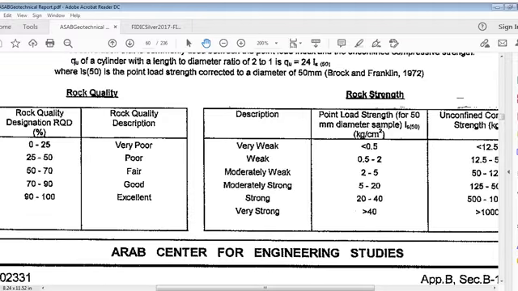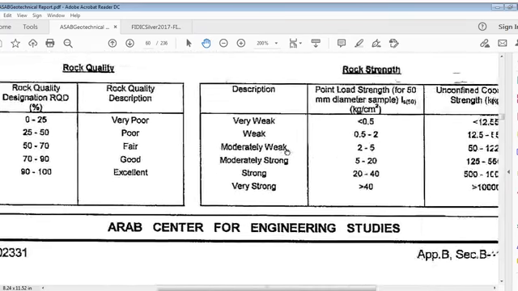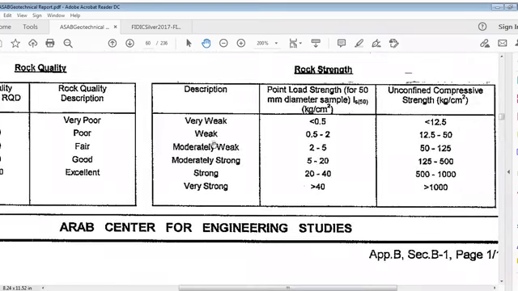Now rock strength, the description is: very weak, weak, moderately weak, moderately strong, strong, and very strong.